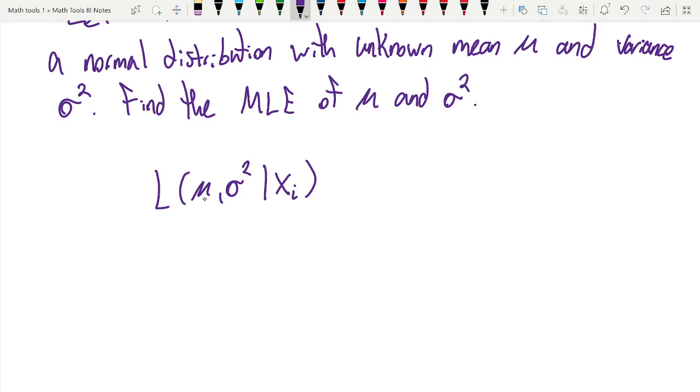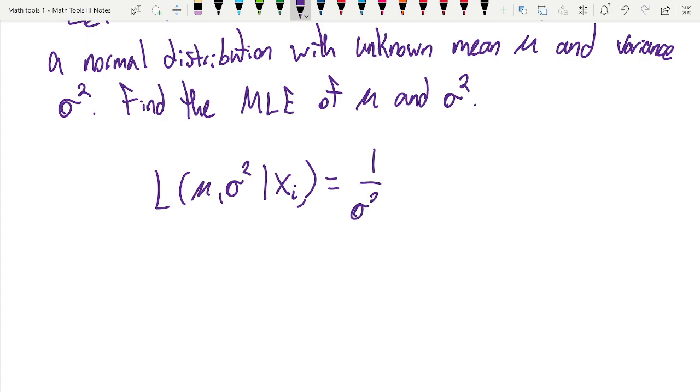The way we would read this is that this is a function of mu and sigma squared given some observation xi. So the likelihood function is a function of the parameters given the data, and a probability distribution function is a function of the data given the parameters, but they're the same function. It's just different in what is fixed versus what is a variable.